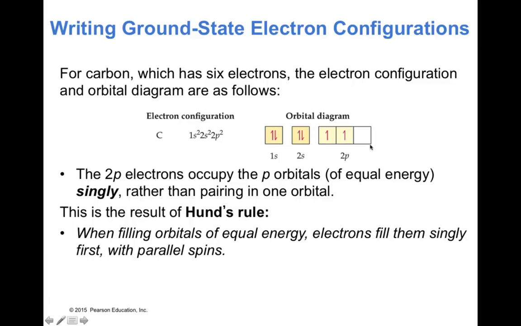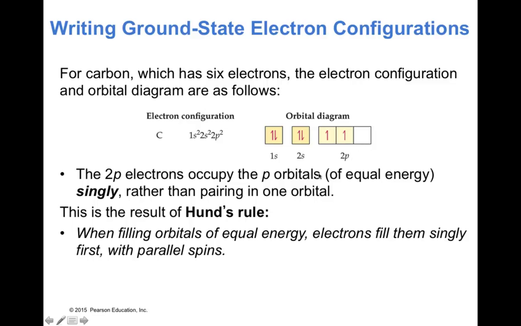So here we have the opportunity to put in the 2p, as I mentioned before, 6 possible places to put the electrons, because remember that in each box we can put 2 electrons. So we have 3 boxes available, so we can have a maximum of 6 electrons here.